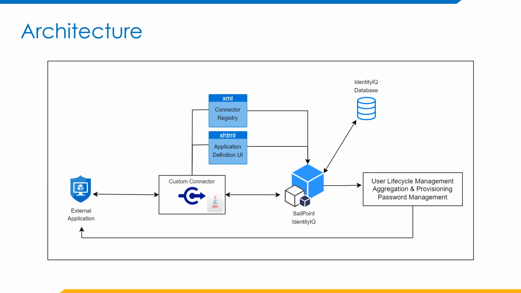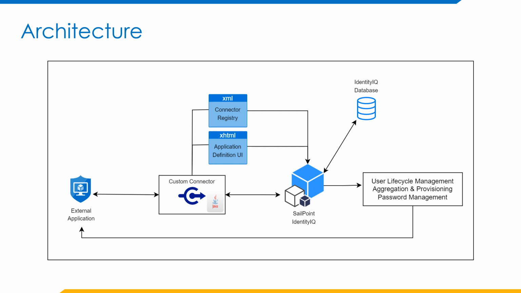Custom connector requires dependency files, which are an XML file to merge with the connector registry and an XHTML file to define application UI for this connector. The XML file contains custom connector details such as name, type, account type definitions, feature string, schema definitions, identity, display and instance attribute values, which is merged with the existing connector registry file in the IdentityIQ database, allowing IdentityIQ to create a new entry in the list of connectors.